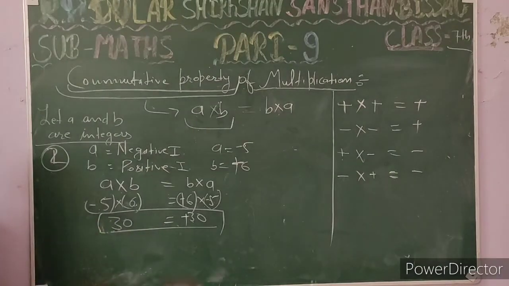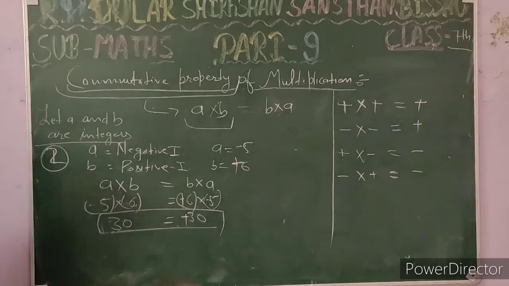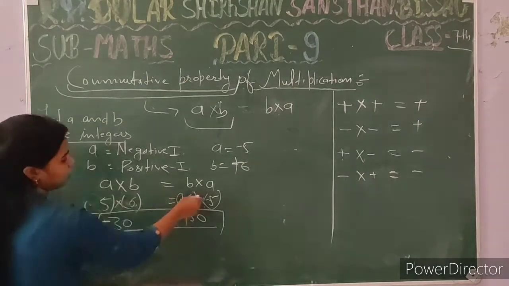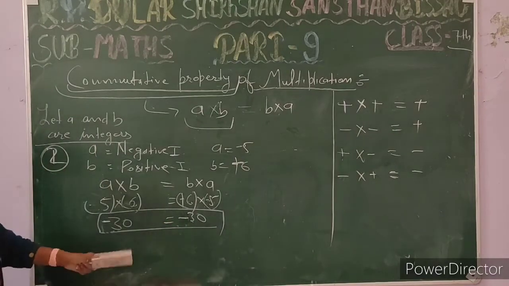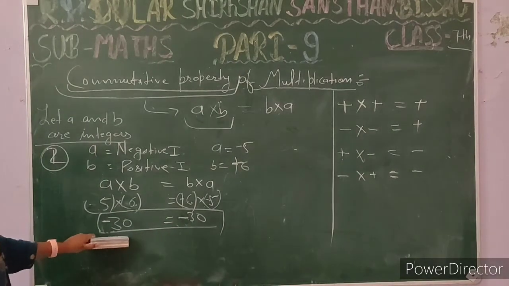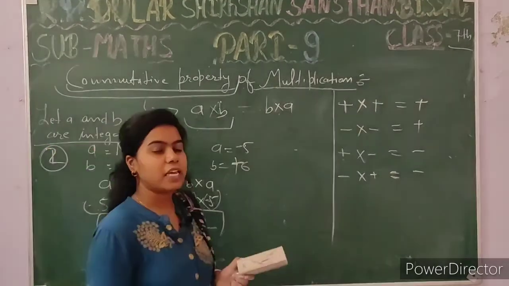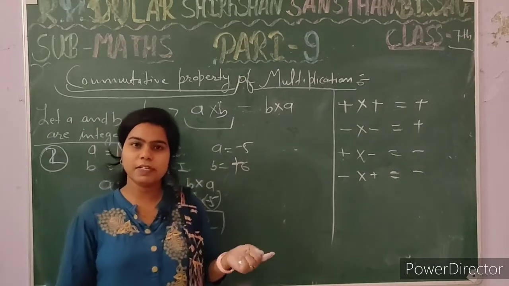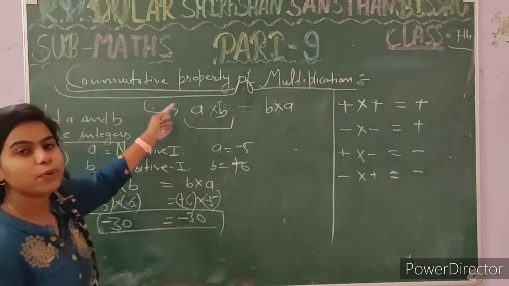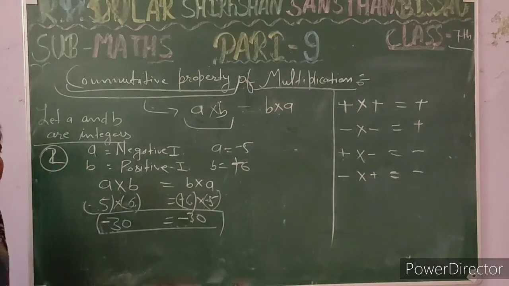First of all 6 5s are 30, minus times plus is minus, it becomes -30. It means we can say that if the first integer is negative and the second integer is positive, then the commutative property of multiplication will also be satisfied. We can easily say that.